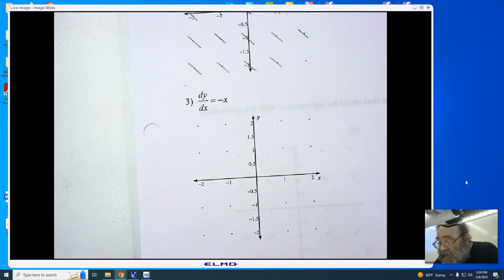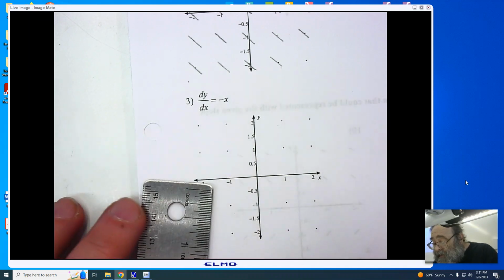Notice that the zeros are always when y equals 0. So going across, when y equals 0, we're going to have horizontals here and here, here and here. We have verticals.